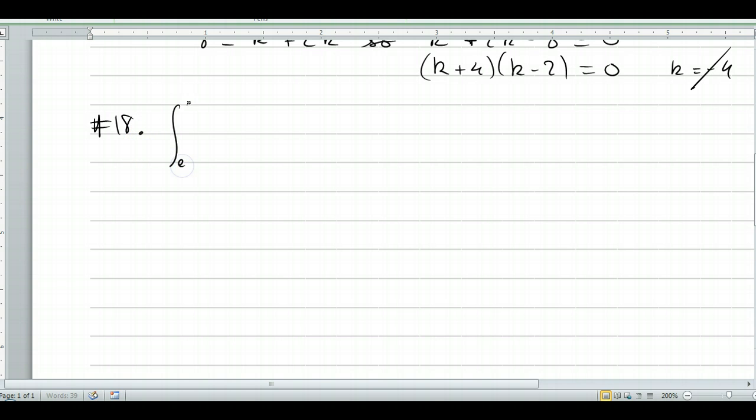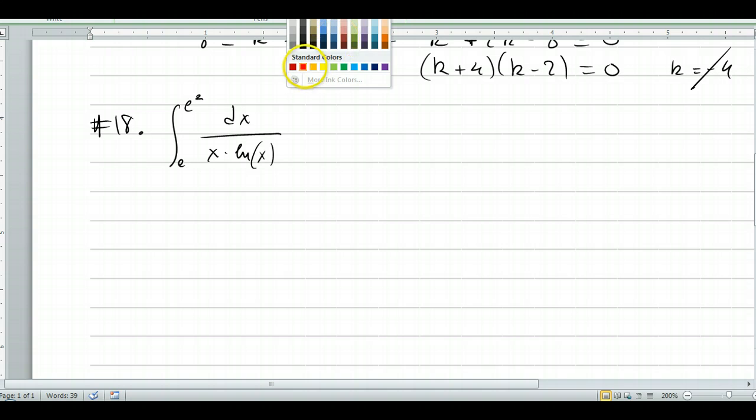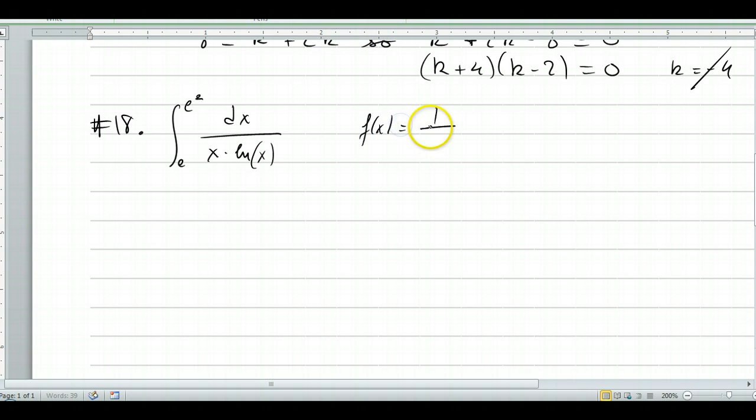The integral from e to e squared of dx over x ln x. I hope this will ring a bell. It was very close to a problem I gave you on a quiz, actually. Okay, so let's do that. If f of x is 1 over x ln x, right away I cannot think of an antiderivative.